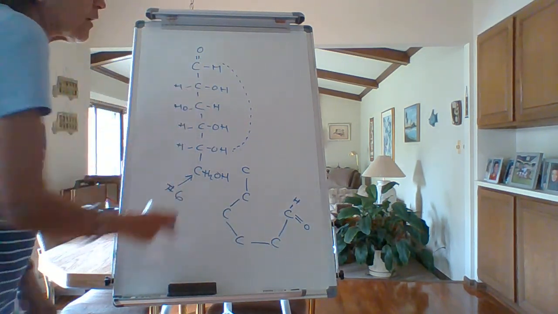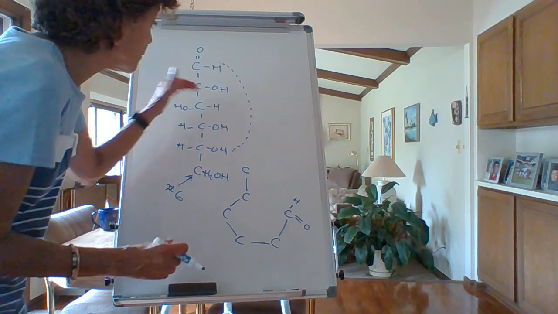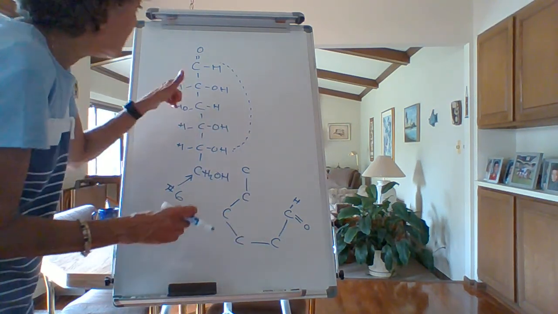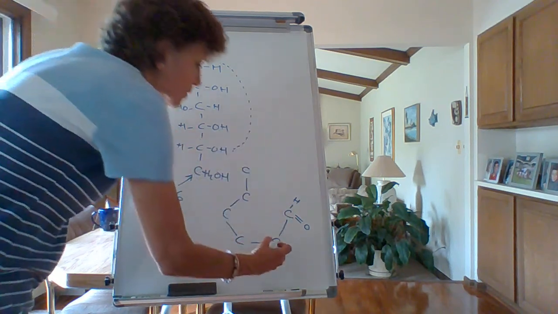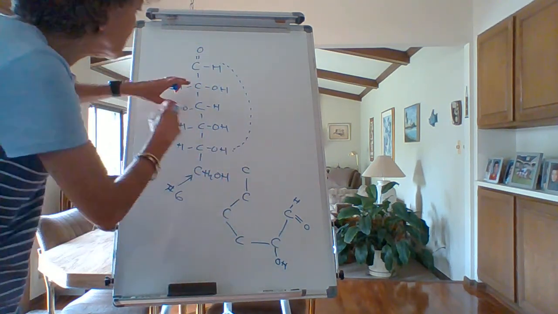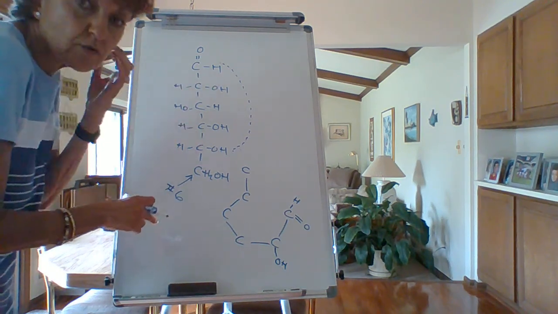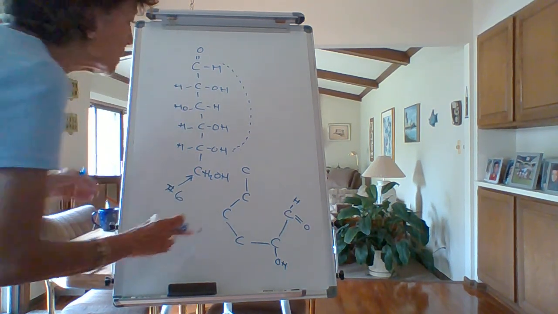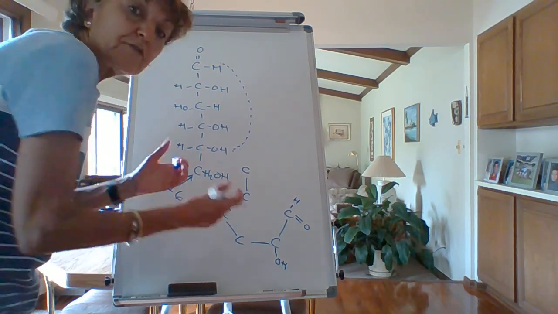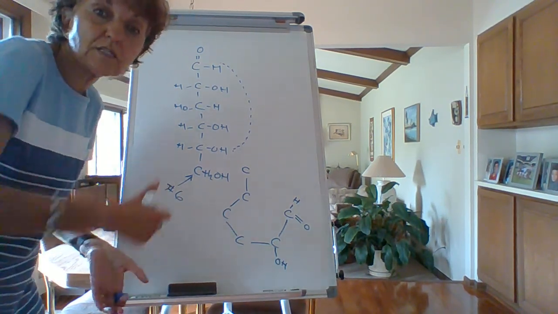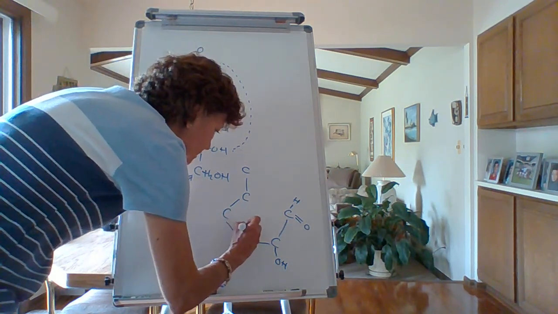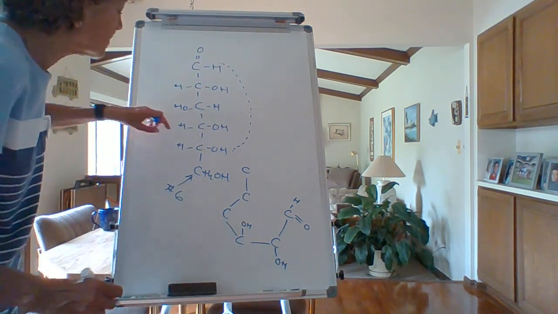Carbon 2, now anytime an OH group is pointing to the right, point it down on the ring, okay? So carbon 2 is to the right, it's going to go down on the ring. I'm going to ignore the hydrogens. I'm just going to focus on the OHs right now because they're the ones that really matter. Carbon 3, you notice it's going to the left. So if it's going to the left in the open chain, it's going to go up on the ring. So carbon 3, OH is up, okay?